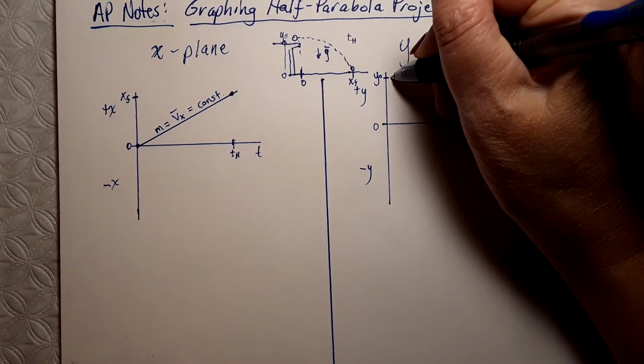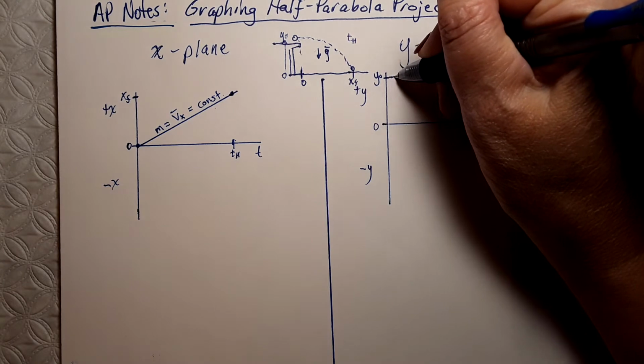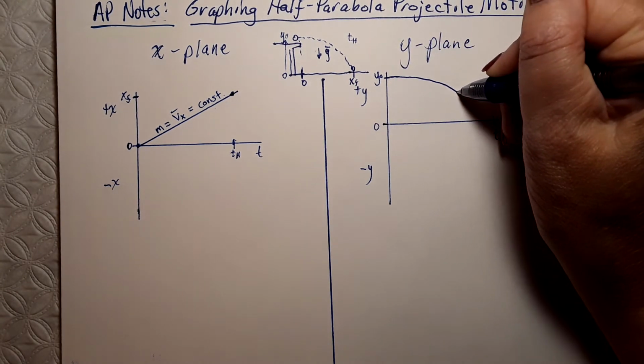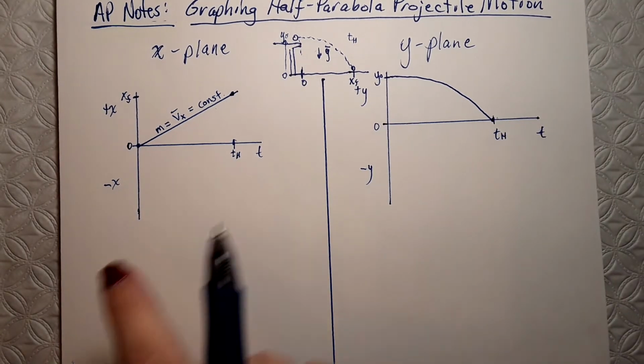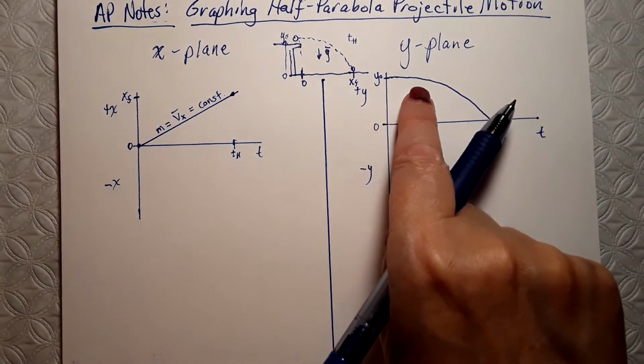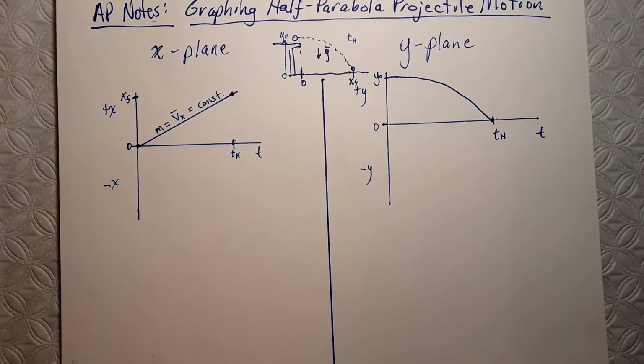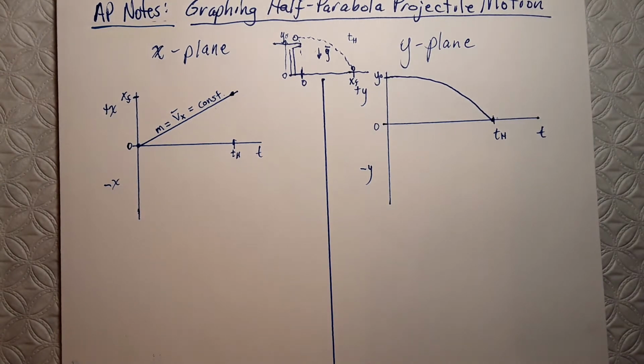So it will do something like this, and end right there. It starts from rest and accelerates downward. So you get a half parabola for the shape of the position time graph. Kind of cool, okay? All right, so those are the positions.